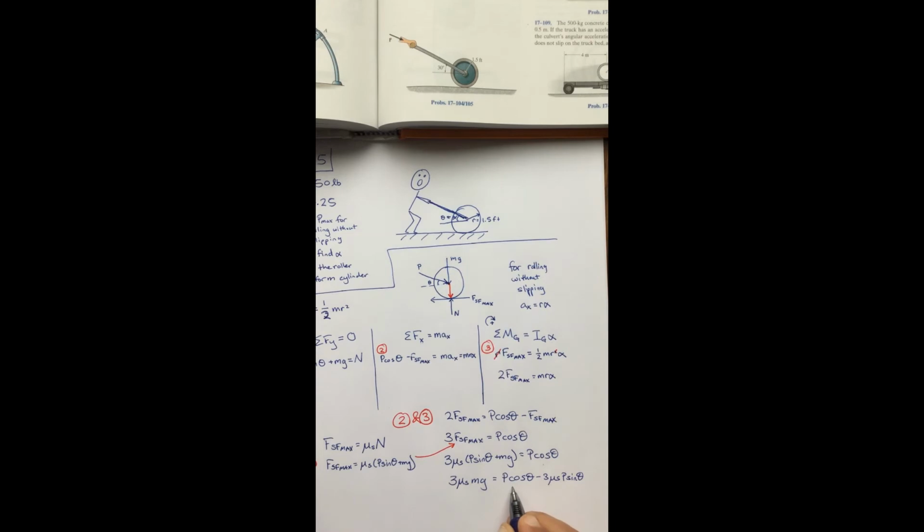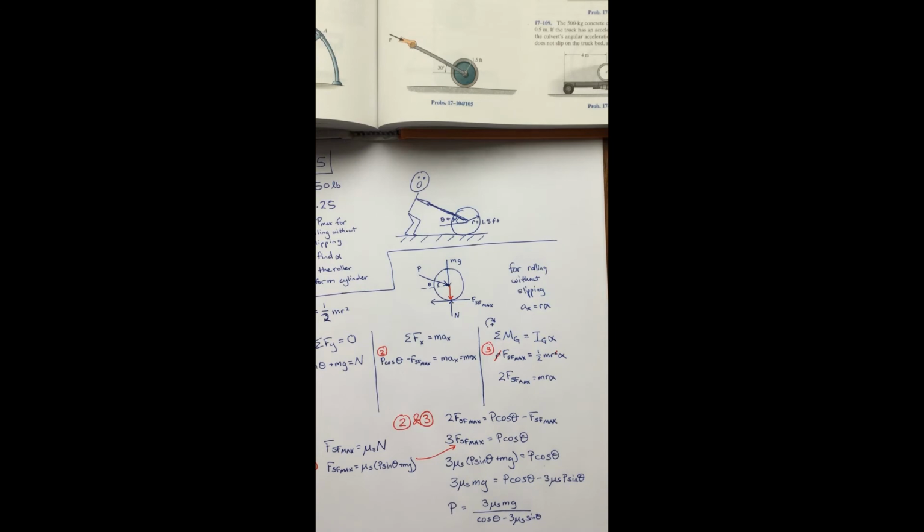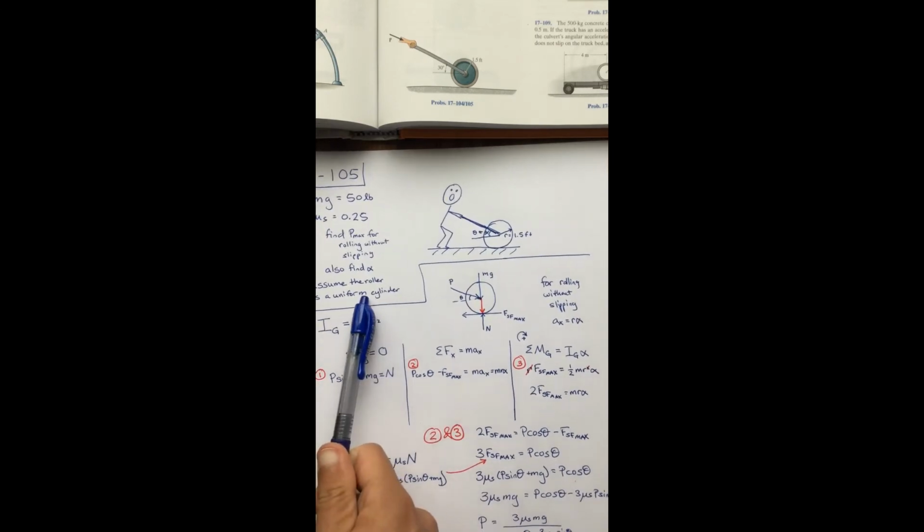Then pull out the p and divide by what's left. So you get p is equal to 3 mu s mg divided by (cosine theta minus 3 mu s sine theta).